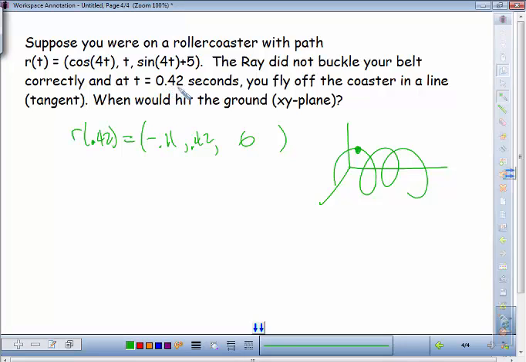I'm wondering if I needed to go a little bit more than 0.42. So maybe 0.5. Sorry, I'm going to change it. This is what happens when you're making up a test. All right, let's try it again.